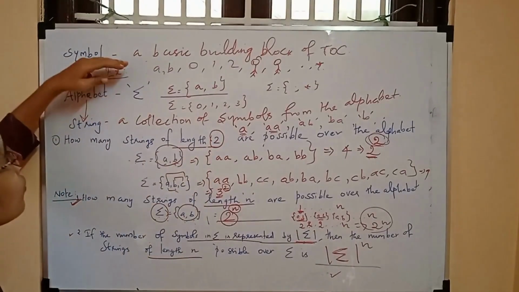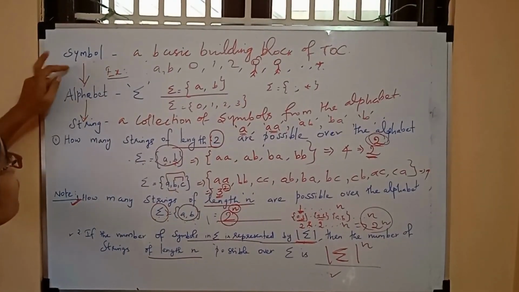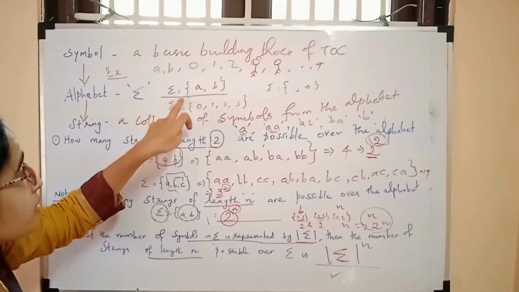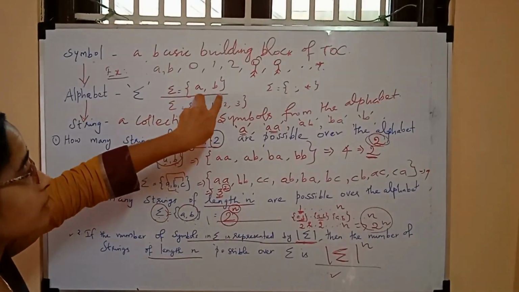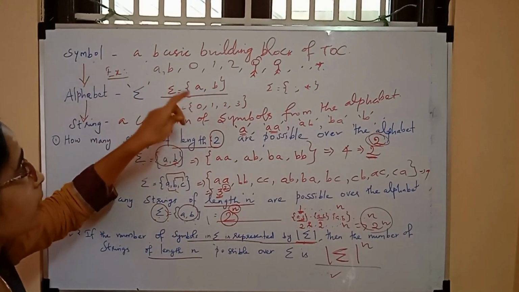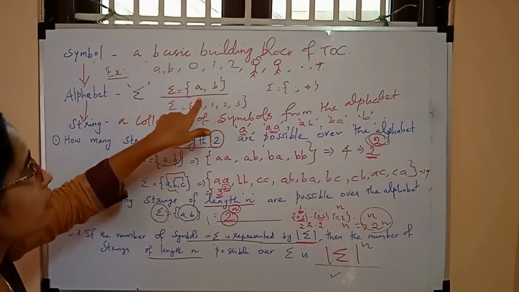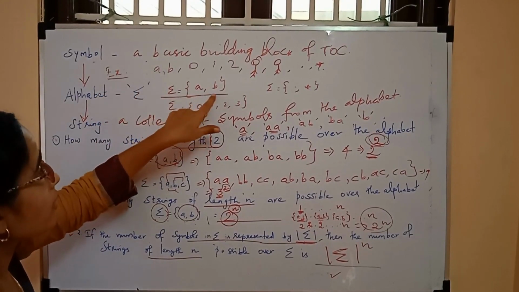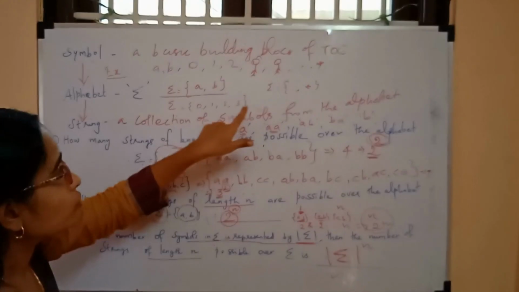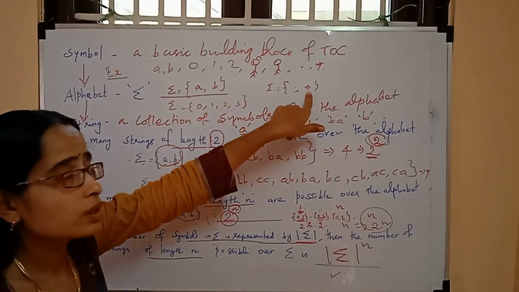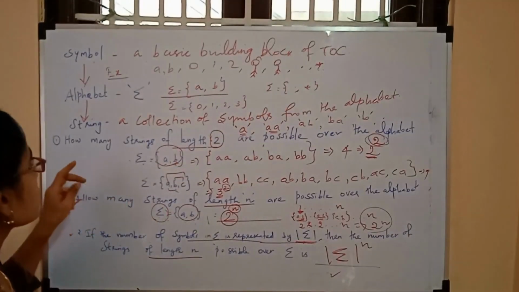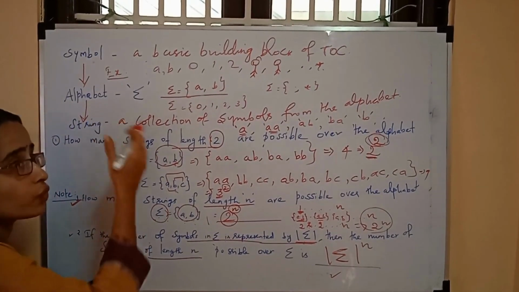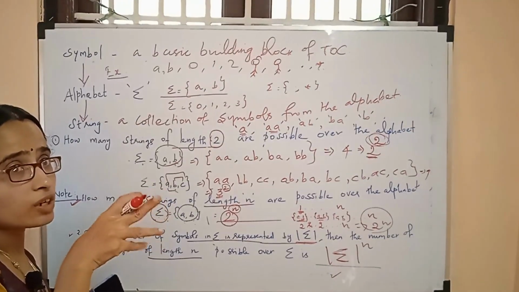This is what a symbol is, and we derive the alphabet from the symbols, denoted by sigma. Sigma is a set of elements from the symbols. So you can have A, B, or 0, 1, 2, 3 as the input alphabet, or dot, comma, star. This alphabet will be the input set for whichever model we are creating.